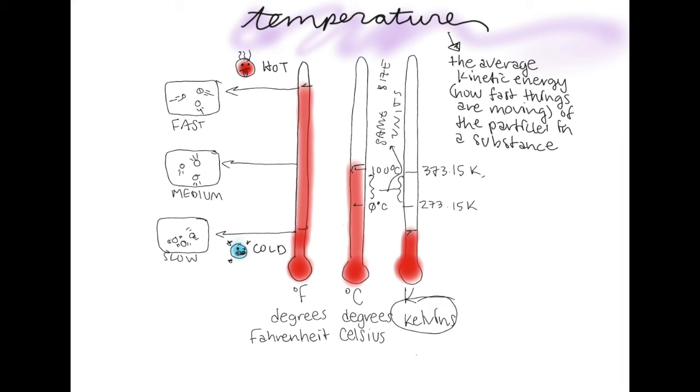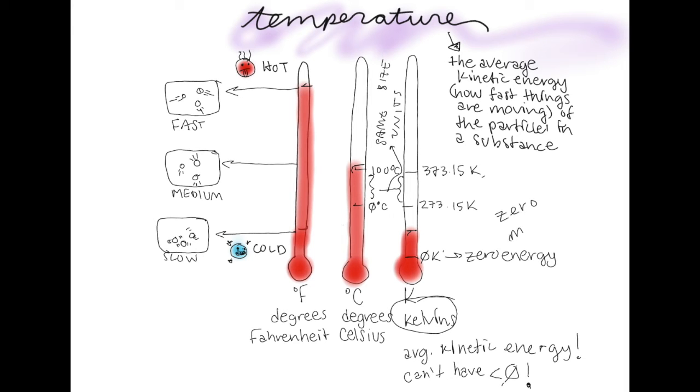Kelvins are a measure of how much kinetic energy, energy of motion, is in a substance. As such, there is no negative kelvins. 0 kelvins means that all of the particles aren't moving at all. This is so incredibly cold that scientists have never actually cooled something down to that.